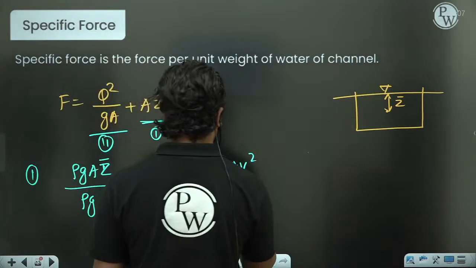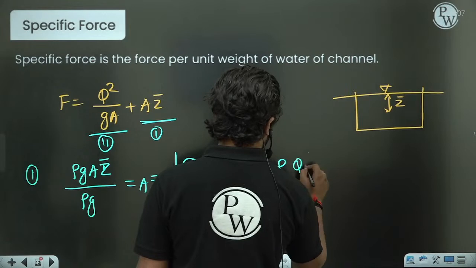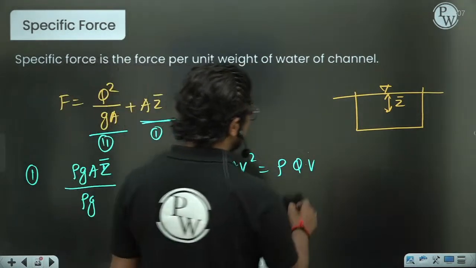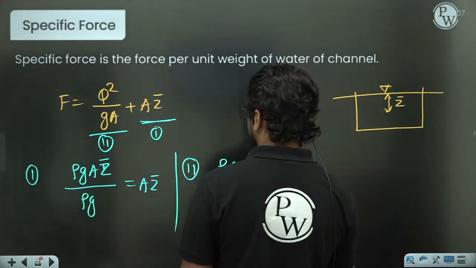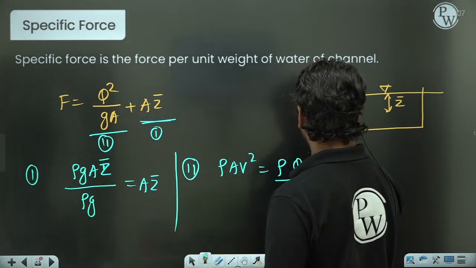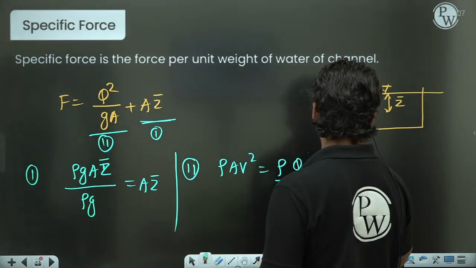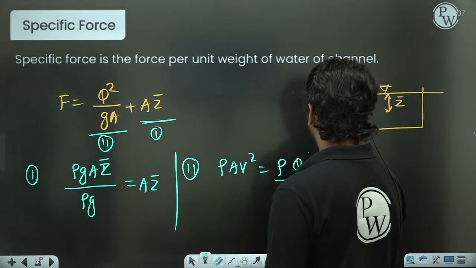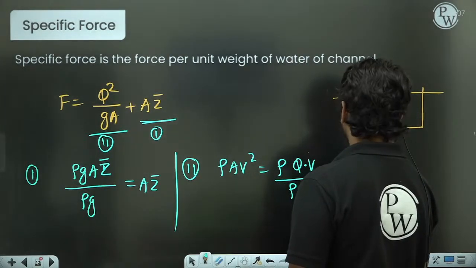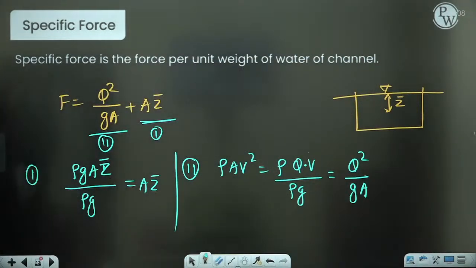This formula I can write in a different way: rho Q into V, with area into velocity written as Q. Now here also I need to do the same thing, divide by rho g, the specific weight. Rho and rho cancel out. This will be Q into V. In place of V I am writing Q by A, so it will be Q squared upon gA. So these two parts, from where they come, I think it's clear to all of you.